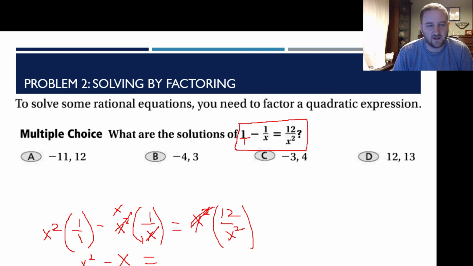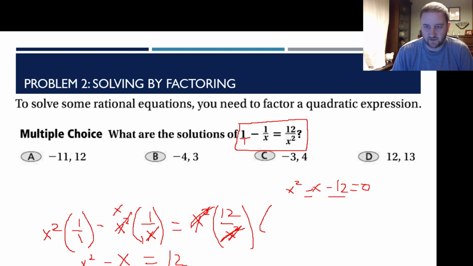Now to solve this, this is now a quadratic expression because I've got x squared. Now I need to factor, so I'm going to subtract 12 on both sides to get it all on the same side. So it's going to be x squared minus x minus 12 equals 0, and now I can factor. So we want factors of negative 12 that add to negative 1.